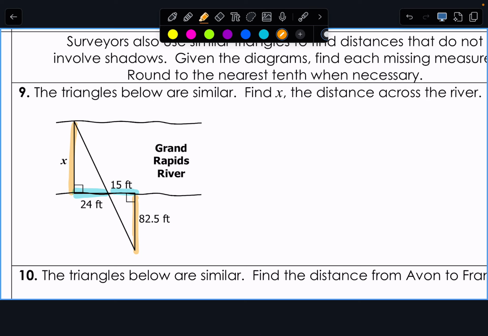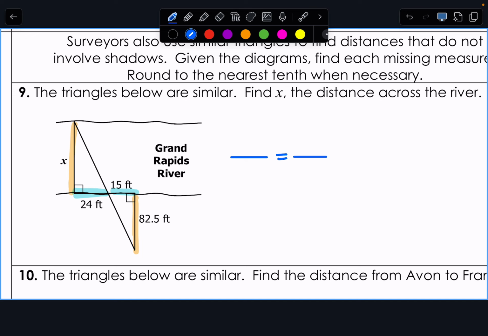Remember, our similar figures are not always going to be side by side in the same orientation. Some of them may be reflected or rotated. That's why we did what we did all before break. So we need to set up a proportion since we have similar figures. We decided which pieces were similar.